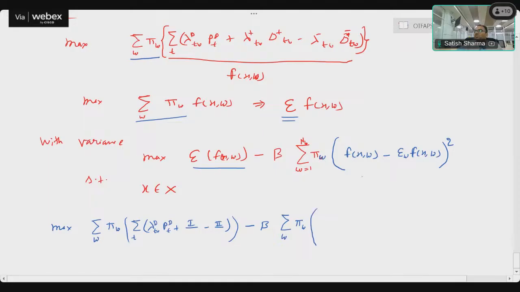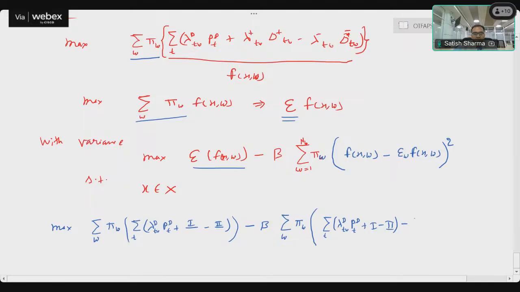So what is the function value? The function value is nothing but the summation over t lambda d t w p d t plus first term minus second term. So this is what we have as f x w minus the expected value of the first term. I will repeat the same term here.